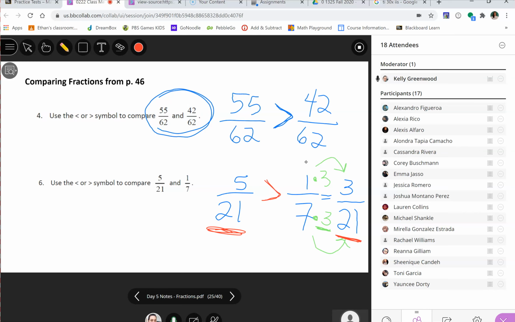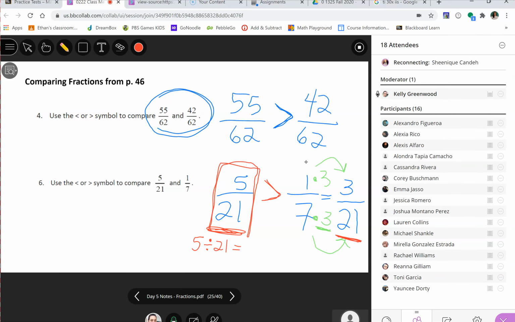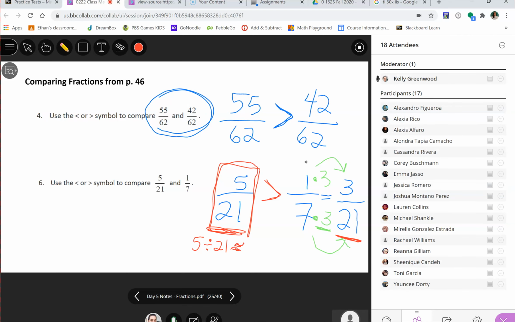But what I'm going to let you do for these is change 5 out of 21 to a decimal number, because it's easier for your brain to compare decimals. So in your calculator, you can just type 5 divided by 21 and get the decimal number for that. Use the division button on your calculator and you'll get approximately 0.238.